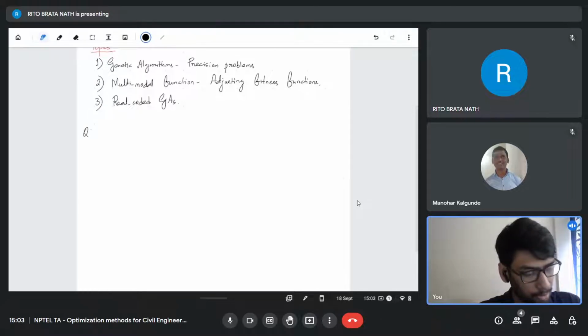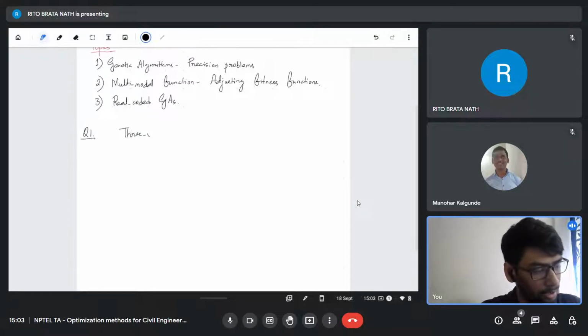So this is Q1. Suppose I give you a three variable problem with bounds. Suppose I give you minus 10 less than or equal to x less than or equal to 10.